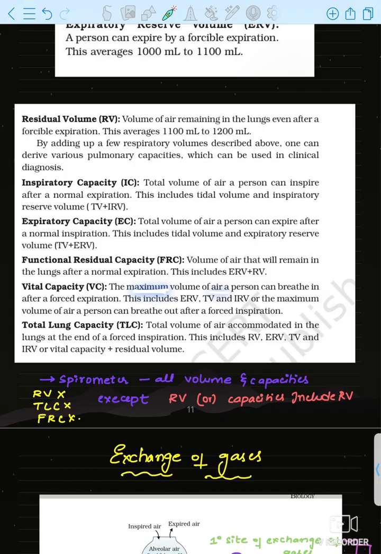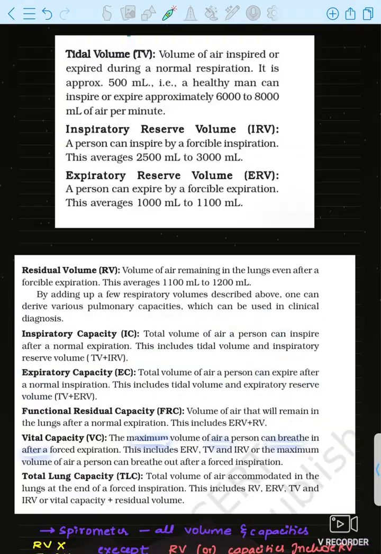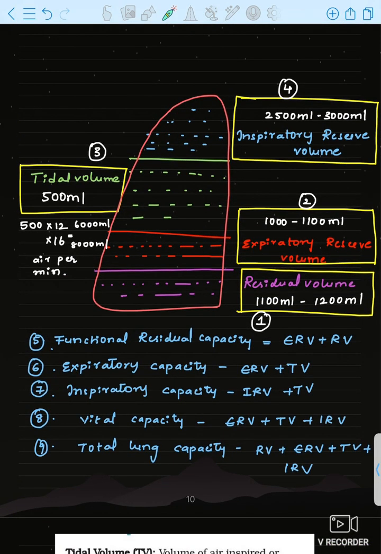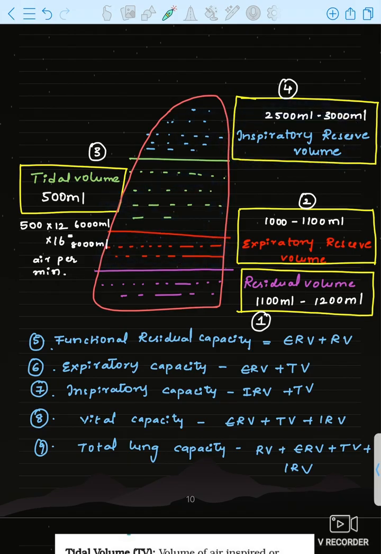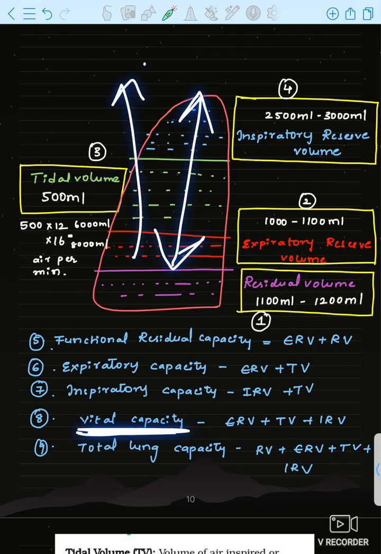Maximum volume of air a person can breathe in. This expiratory reserve volume has been removed, then this will be added up, normal tidal volume will be added up, and again forced inspiration will occur. So this is the vital capacity: maximum volume of air a person can breathe in after forceful expiration.